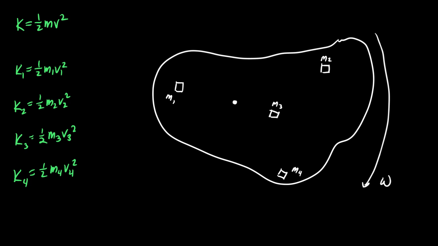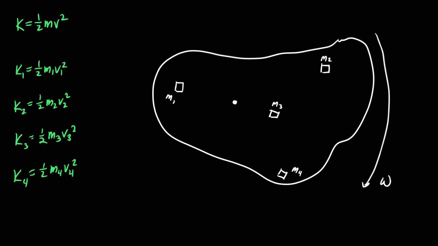One of the things that I think we should consider is that each one of these pieces has a different velocity. Even if we assume they all have the same mass, they all have a different velocity because they're all a different distance away from the axis of rotation. If it's rotating about this spot right here, then each piece has a velocity that's based on how far away from that spot they are.